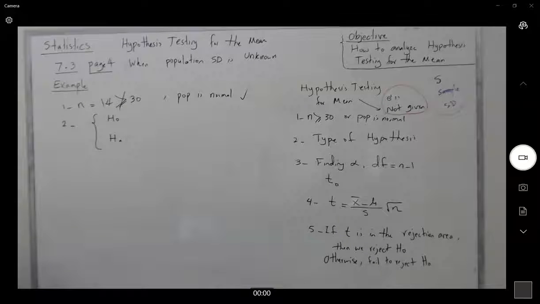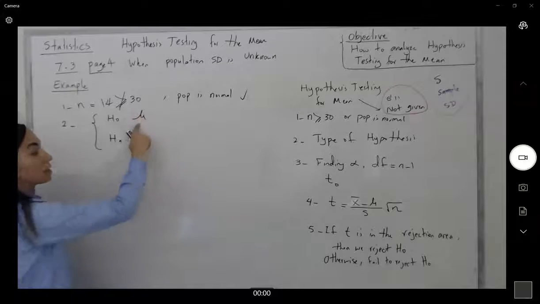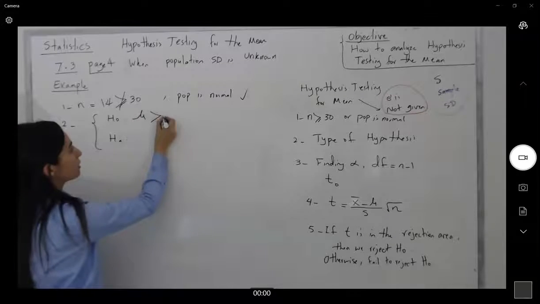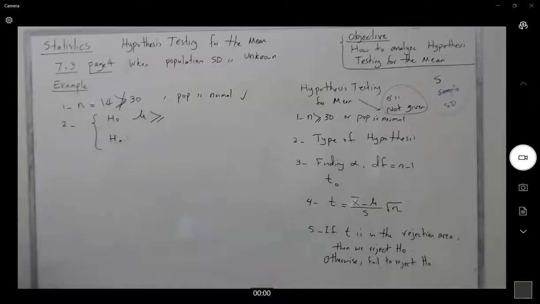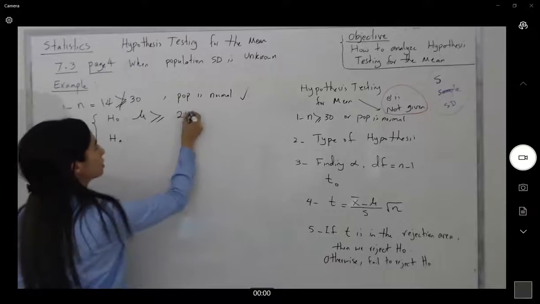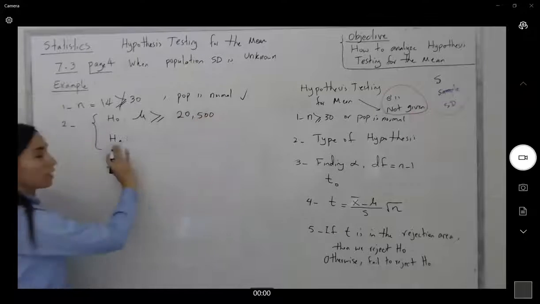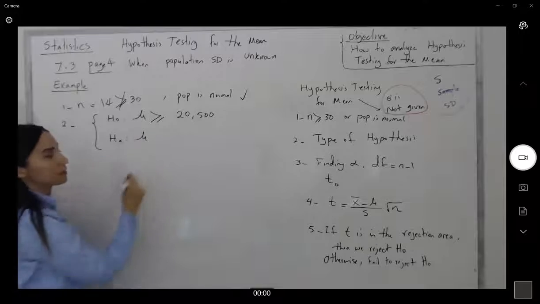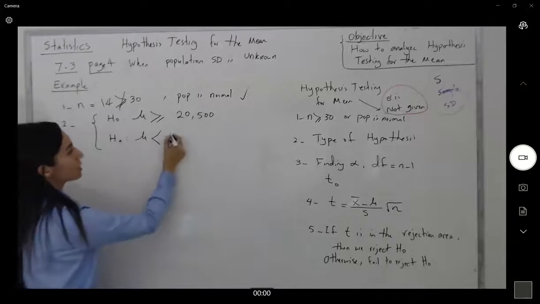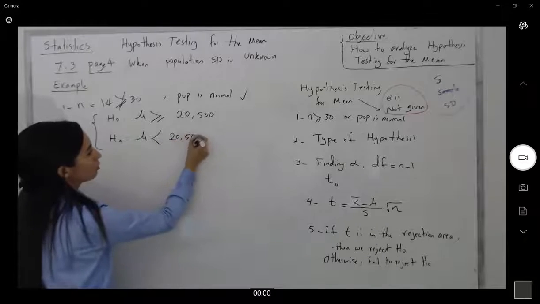So our null hypothesis is mu, the mean of the population, is greater than or equal to $20,500, and its opposite, the complement, says mu is less than $20,500.